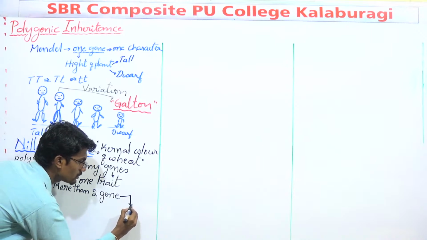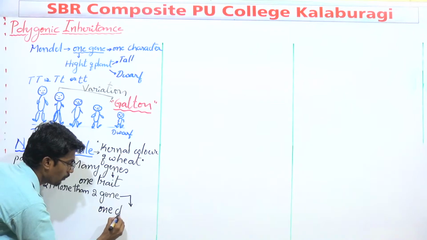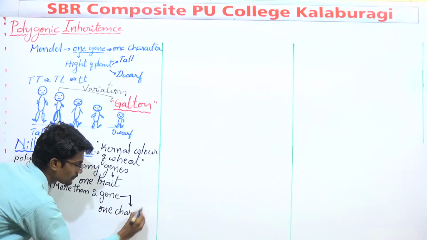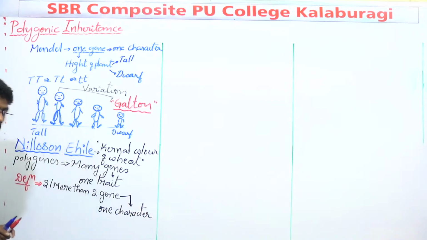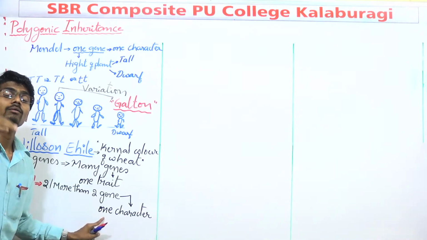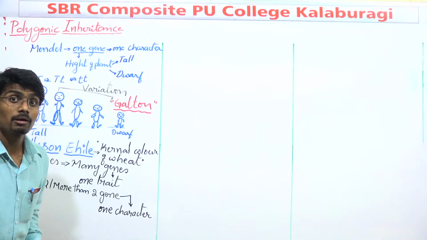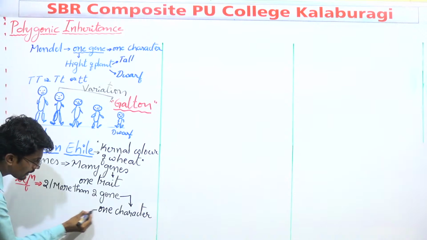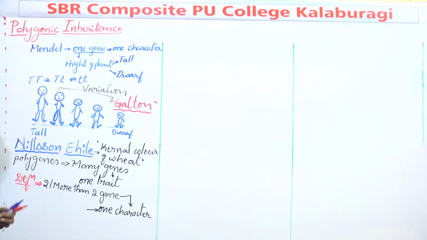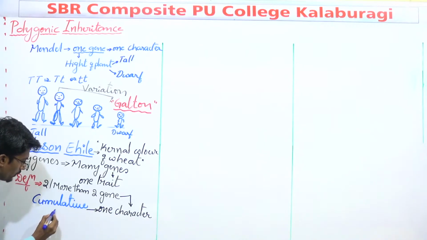They are responsible for one character. How many genes are responsible for one character? Two or more than two genes are responsible for one character. But this one character gives a cumulative effect.